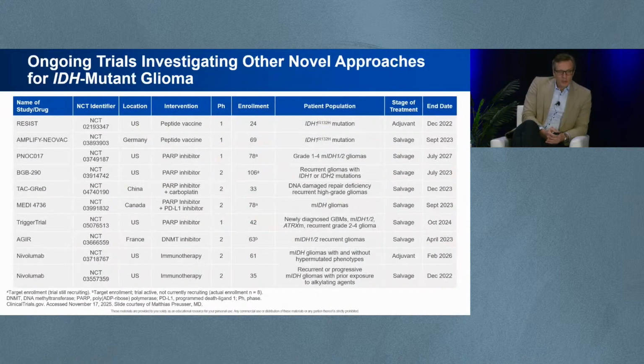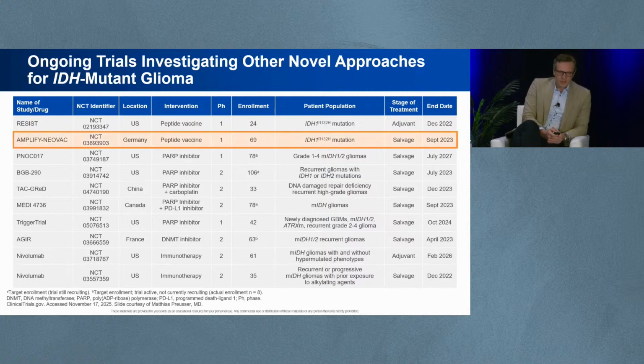There are also ongoing trials with other novel approaches for IDH-mutant gliomas listed here, some vaccines, some PARP inhibitors, demethylating agents, and other immunotherapies.